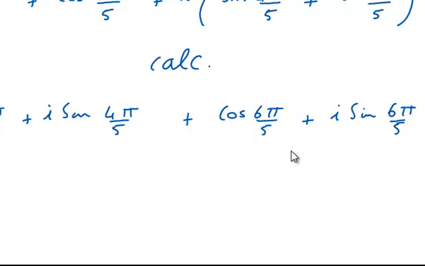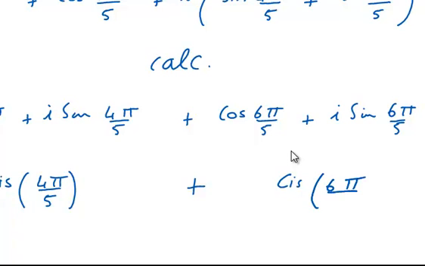Shorthand notation is CIS, so C for the cos, I for the i, and S for sine. 4 pi over 5 added to, and this is CIS 6 pi over 5. And when you've got notation like that, there's a little rule. The CIS of theta 1 plus the CIS of theta 2 is actually the same as CIS of theta 1 plus theta 2.